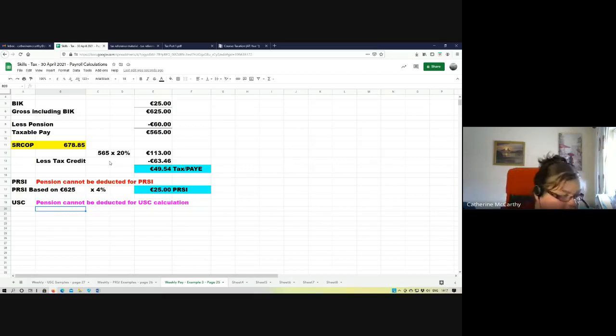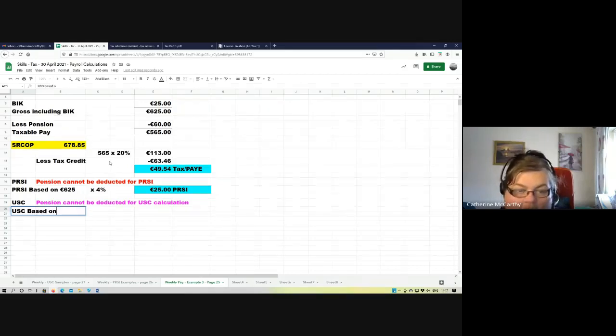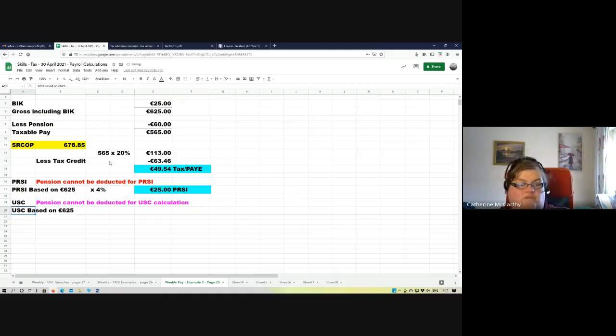So I need to go to page 8 now of our tax reference material, and work up through our rates again. Our USC is based on the €625.